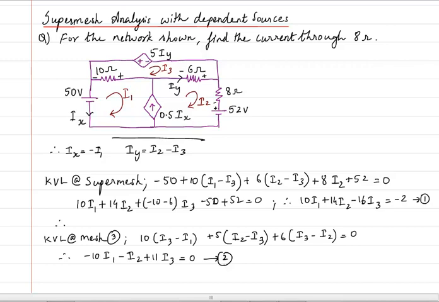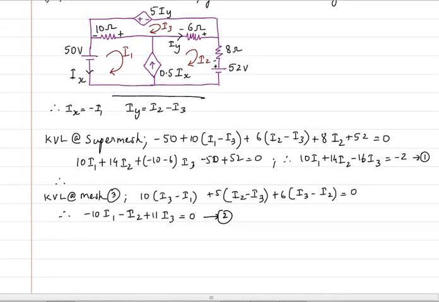Now based on these two equations, the first one of the supermesh as well as the second one for the third mesh, I will not be able to find I1, I2 and I3 because there are three unknowns. So I require three equations. Where does the third equation come from? The third equation will come from the supermesh itself.